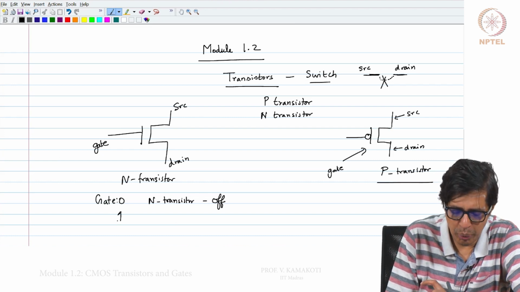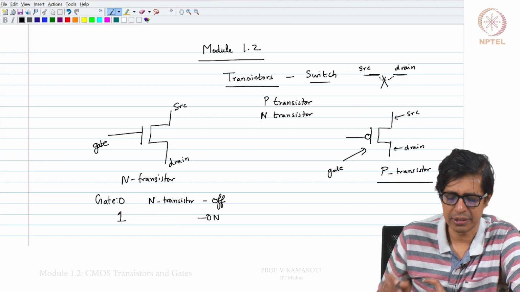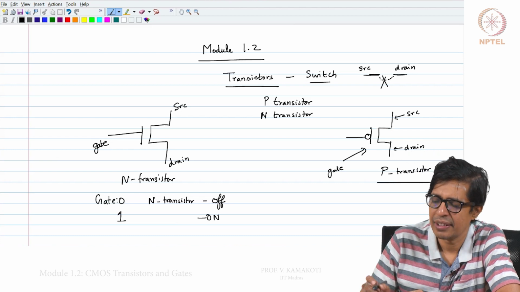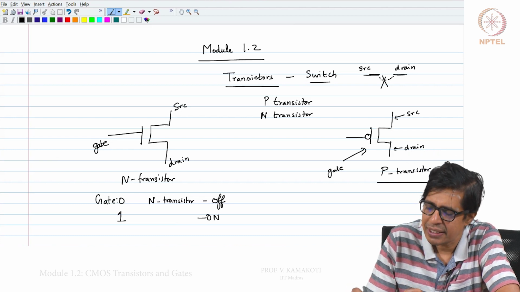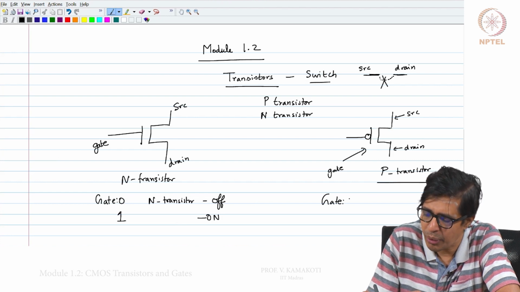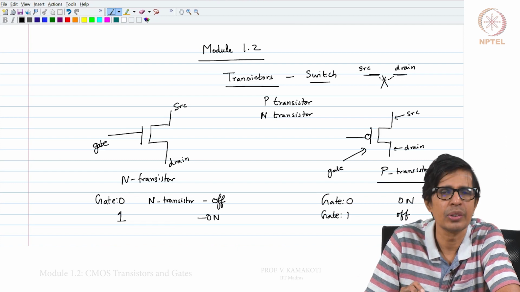When the gate is 1, then the N transistor is on. That means the source is connected to the drain. On the other hand, the P transistor works exactly opposite. When the gate is 0, the P transistor is on, while when the gate is 1, the P transistor is off.